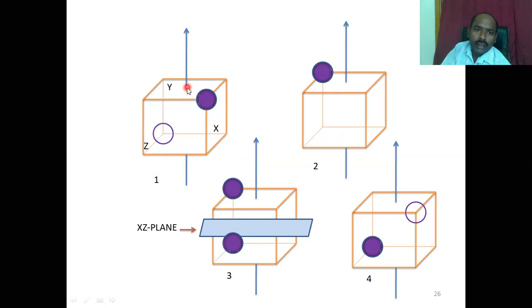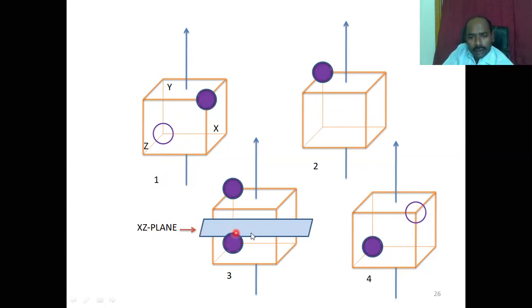As we studied before, a rotation of 180 degrees means if we rotate this crystal by 180 degrees about this blue axis, it comes here. Then we have to take a plane perpendicular to the axis. Here it is the y axis, so a plane perpendicular to the y axis is xz, and I told you that the point of symmetry, the inversion center, exists here.